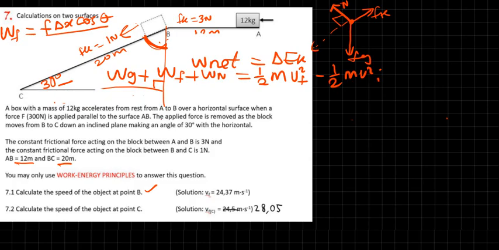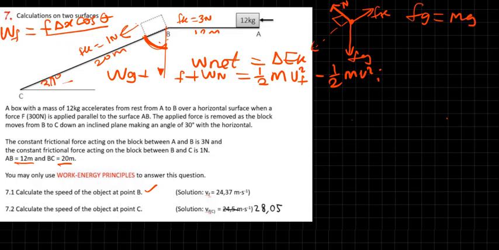Now to do our substitution, for the work done by the gravity, we shall have the mass. The gravity is given by mass times the acceleration due to gravity.